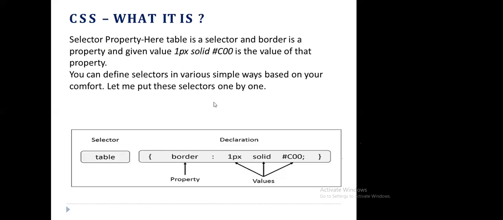So what is CSS here, guys? See, table is an HTML tag. Correct? Table is an HTML tag, and it can have a border. So border is a property, and it has a value. That's how we define CSS for each element.